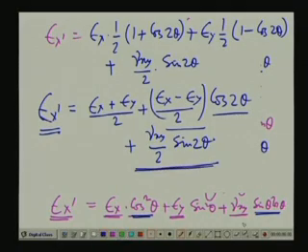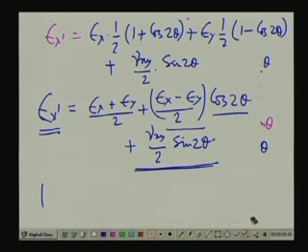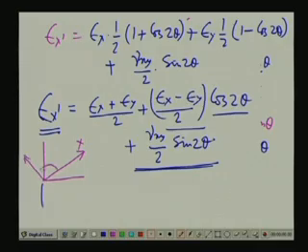Now, similarly, we can compute the value of epsilon y dashed from the expression of epsilon x dashed. Since the y dashed axis is at 90 degrees with reference to x dashed, if we replace theta with theta plus 90, we can get the strain in the y dash direction.